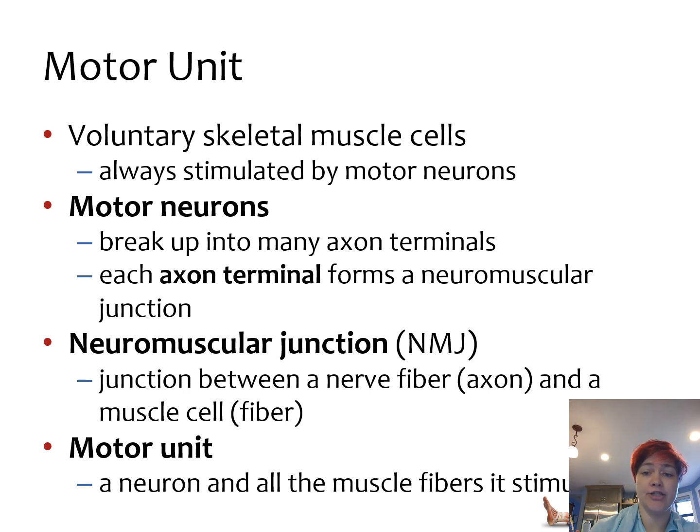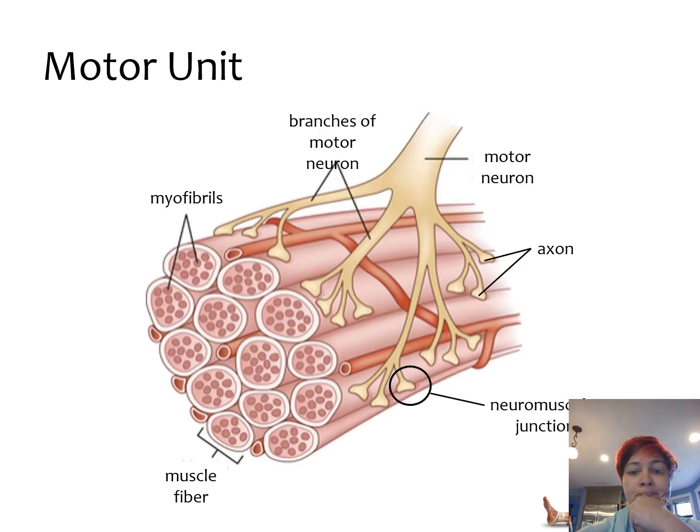The neuromuscular junction is just that fluid-filled space between the muscle fiber and the nerve fiber. The motor unit itself is that one neuron with as many neuromuscular junctions as it's attached to. This is what it looks like up close. Each one of those would form one of those neuromuscular junctions that we just looked at.